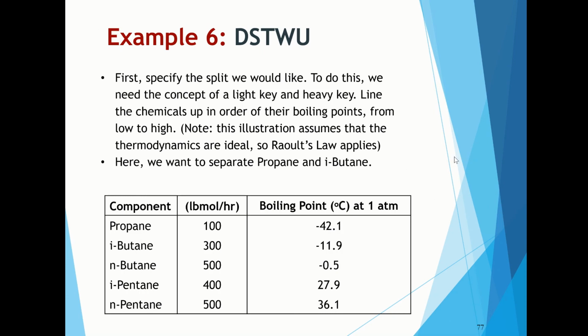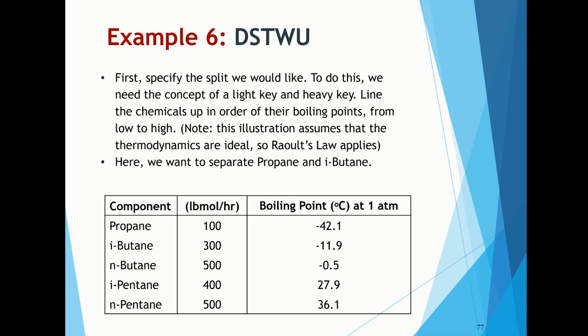The first thing we need to do is to specify the split we would like. Here, we need the concept of a light key and heavy key. List the chemicals in order of their boiling points from low to high. The light key is the component with the lowest boiling point, in this case propane.